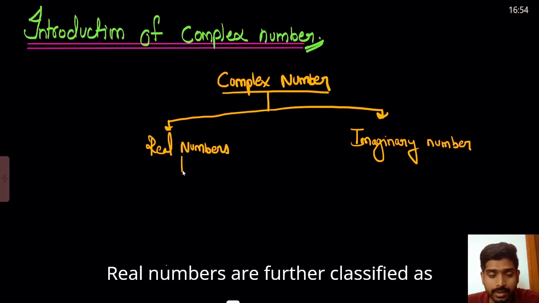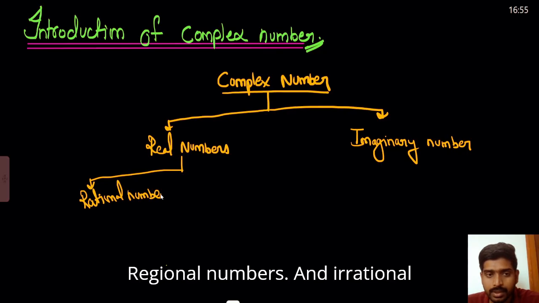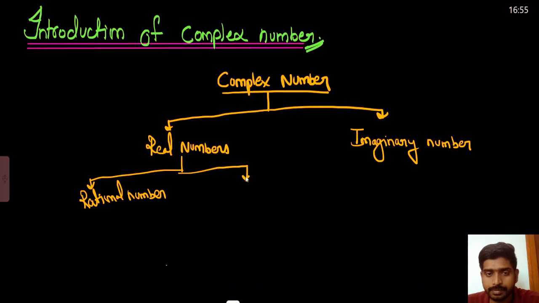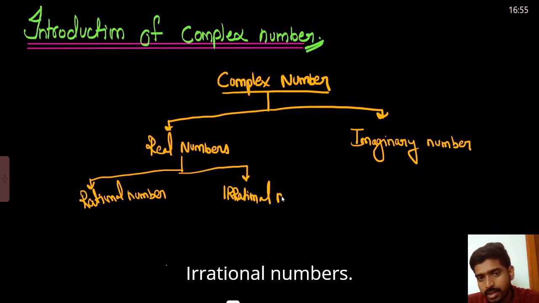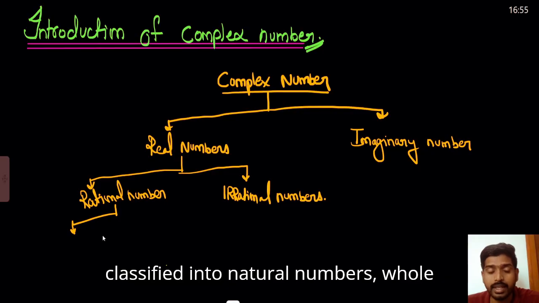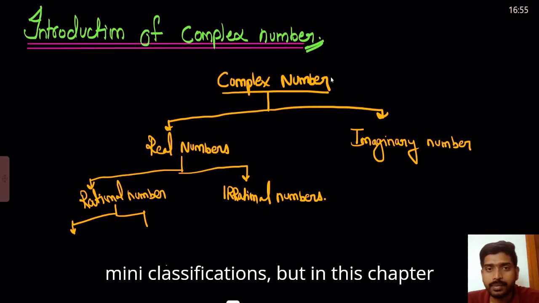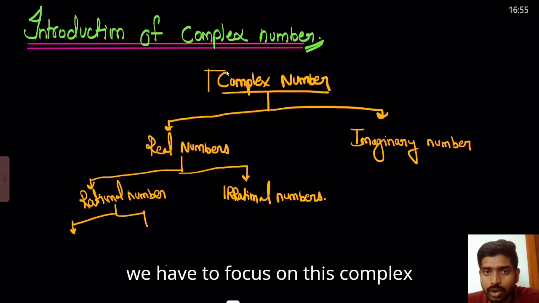Now real numbers are further classified as rational numbers and irrational numbers. Now these rational numbers are further classified into natural numbers, whole numbers, negative, integers, fractions, and so on. There are further many classifications, but in this chapter we have to focus on complex numbers.